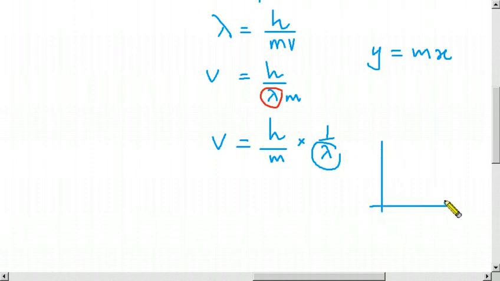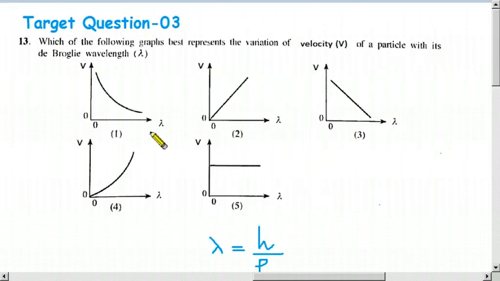If we take lambda to the x-axis alone, we get a curve like this, because it is the 1 over x graph. So it is something like this. Therefore this first one is the correct answer.